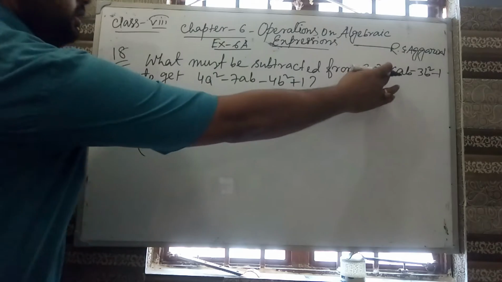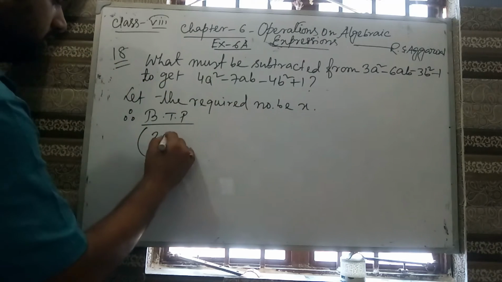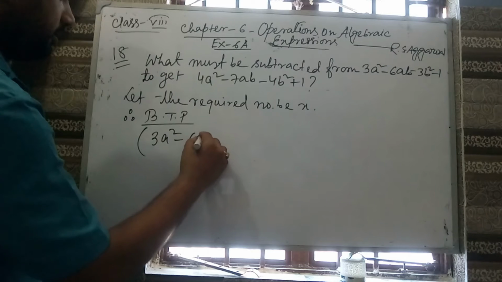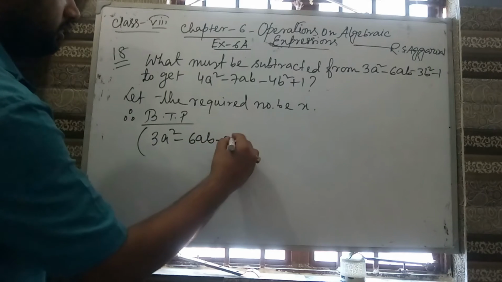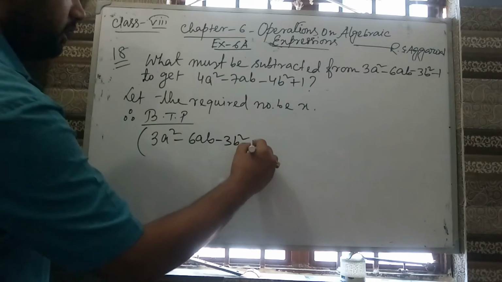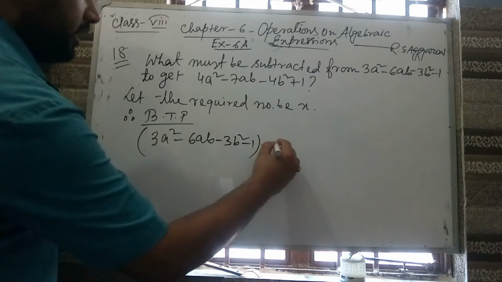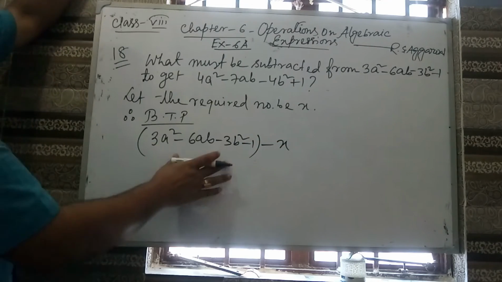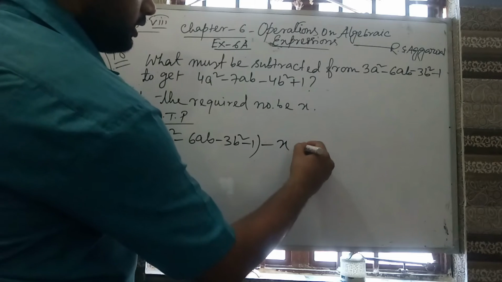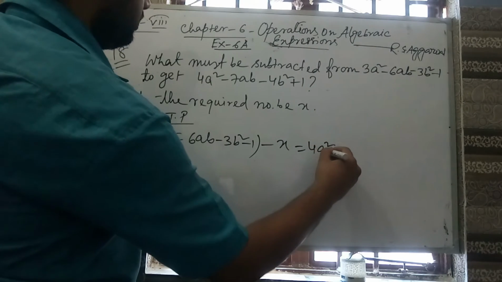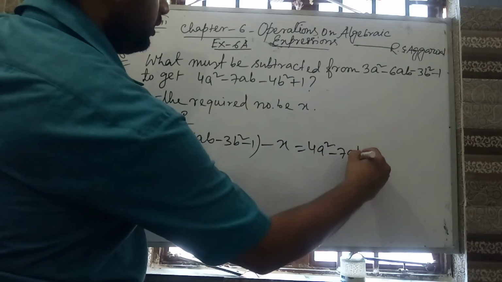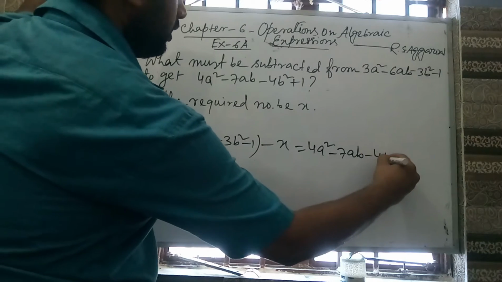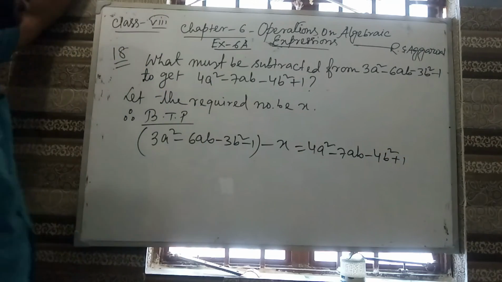So write this expression first: 3a square minus 6ab minus 3b square minus 1, minus x, we are subtracting x from this expression to get 4a square minus 7ab minus 4b square plus 1.